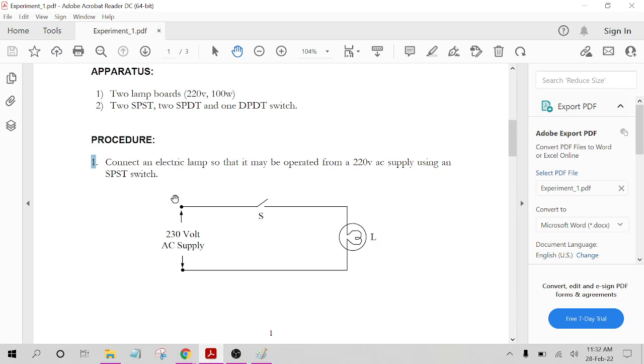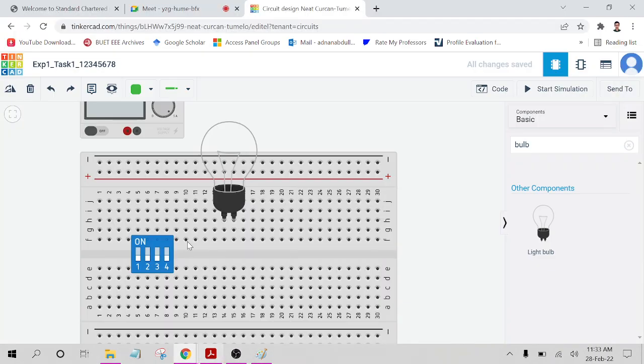Firstly, observe that the power supply is connected to the first terminal of the switch. Let me elaborate. The positive terminal of the power supply is connected to the first terminal of the switch, right? Where is the positive terminal? Here.